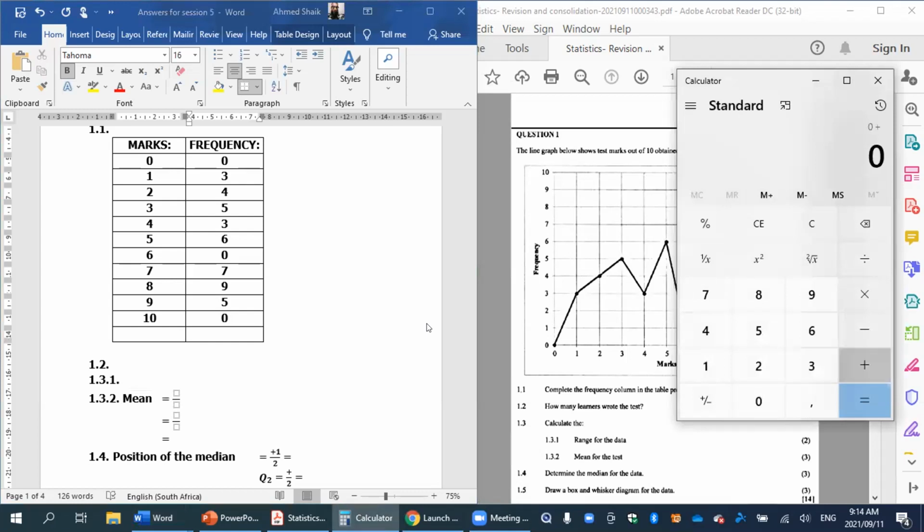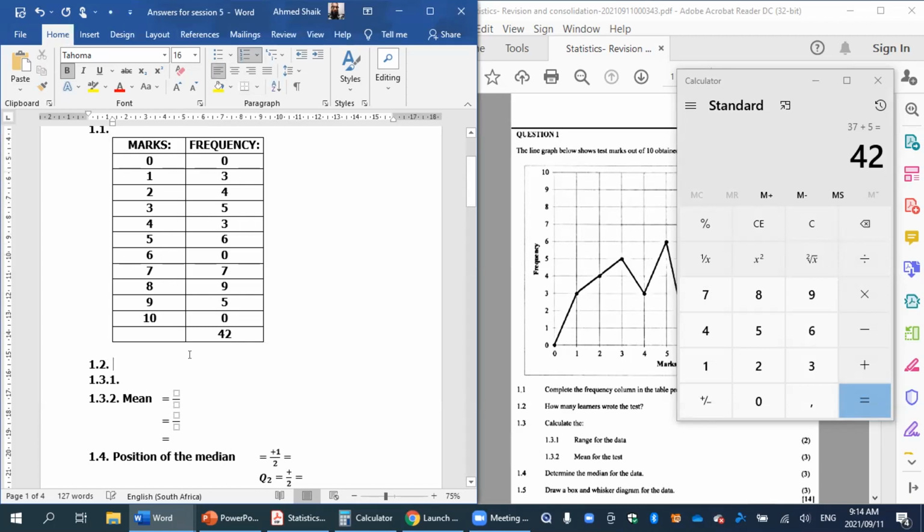So we have 0 plus 3 plus 4 plus 5 plus 3 plus 6 plus 7 plus 9 plus 5. That tells us that we have a total of 42. So 42 learners is our answer for that.